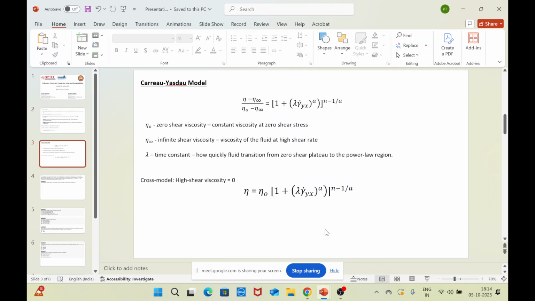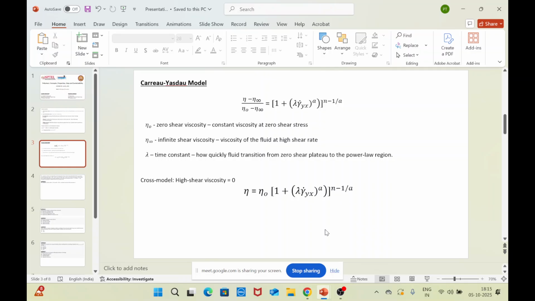Here you are just going to imply the condition that the viscosity of the fluid at the high shear rate is going to be 0. But under what condition does this happen? That is, when does the viscosity of the fluid at a high shear rate become 0? Because it should happen at certain conditions, right? Of course, mathematically we do try to simplify this equation.